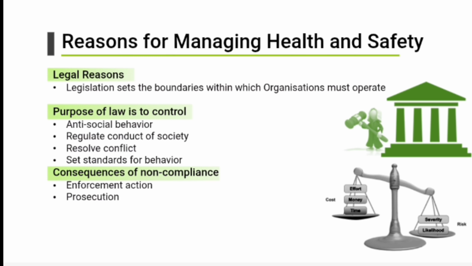Implementing effective health and safety management systems and procedures is not only a legal requirement, but also a way to mitigate the risks and protect both the organization and its employees. Compliance with health and safety legislation is not optional but mandatory. By complying with the law, organizations create a safe and secure working environment, minimize the risk of accidents or injuries, and fulfill their legal obligations.